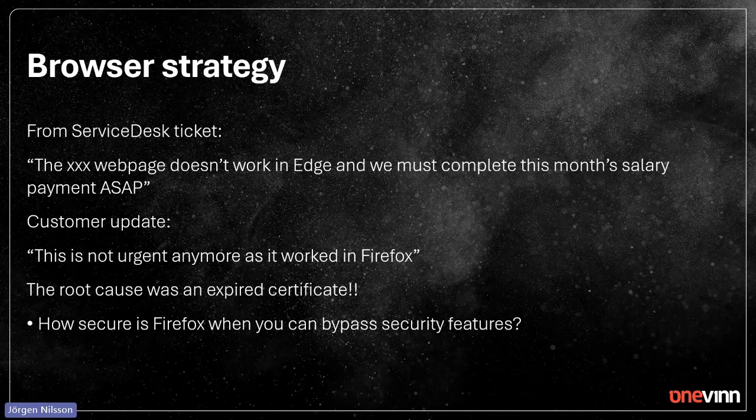Is it okay to download Firefox and just bypass every security feature? And how smart and secure is it to do a salary payment on a web page with a non-trusted certificate? That's why it's really important that we take care of Edge, so Edge works in a good way.